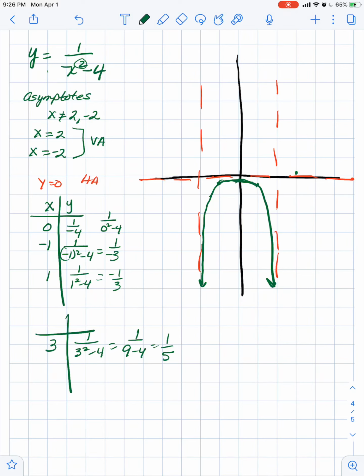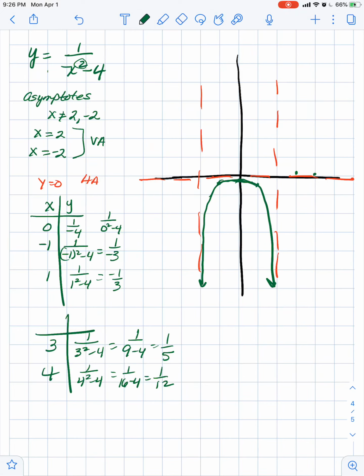Okay? And let's put in a 4, 1 over 4 squared minus 4, so 4 squared would be 16 minus 4, that's 1/12. So that's really low. Okay? So you can see it's getting closer and closer.